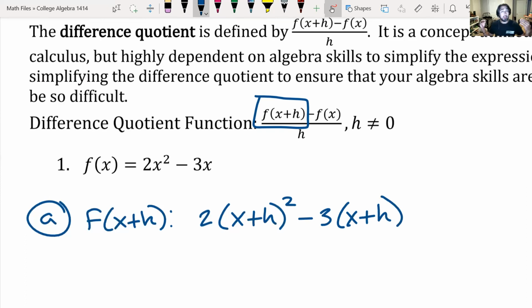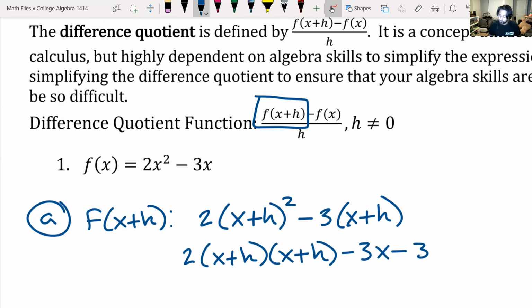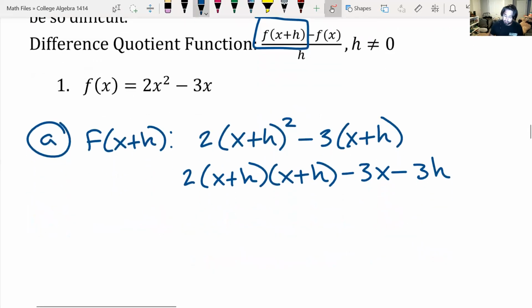And now the simplifying part. x plus h squared means we have 2 of those. So now we have 2 times x plus h, x plus h. Go ahead and distribute that negative 3 already: negative 3x minus 3h. And now we must FOIL these 2 guys.